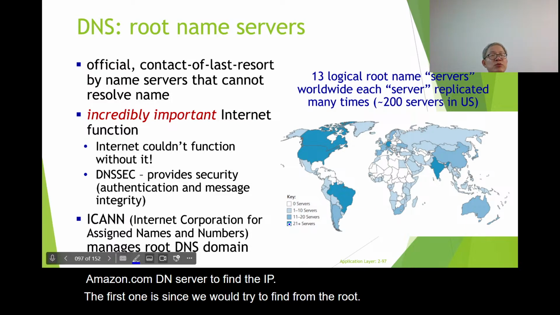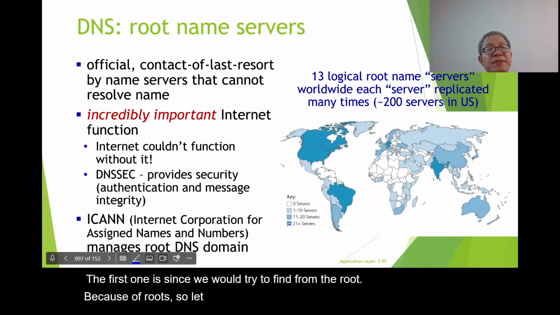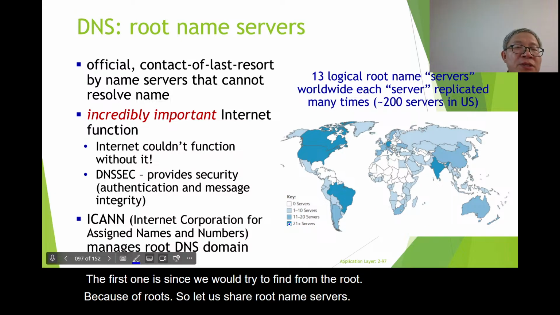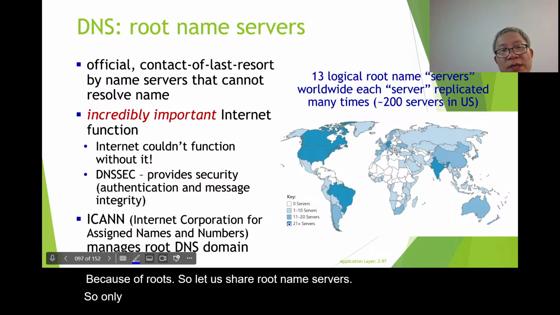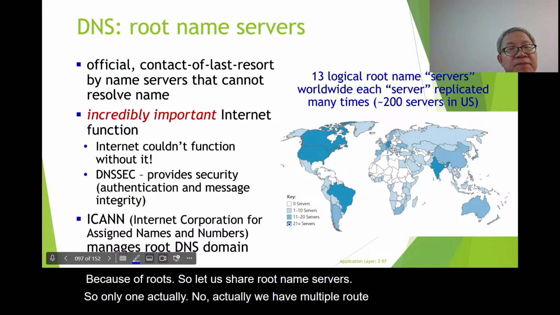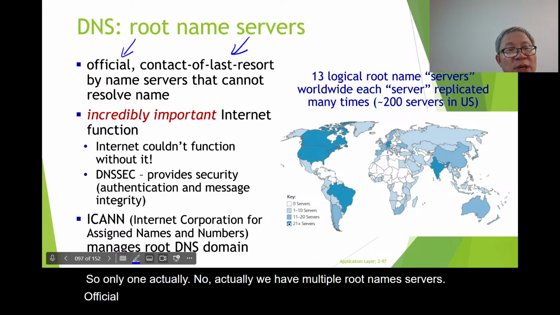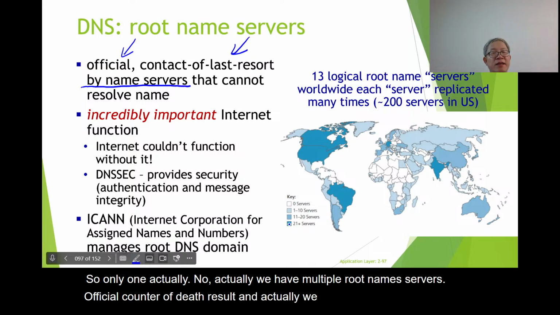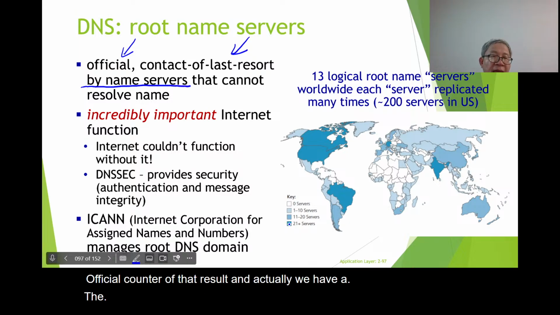In the first approximation, we try to find from the root, so let us check the root name servers. Only one? Actually, no. We have multiple root name servers. They hold the official content of that result, and actually we have the name.